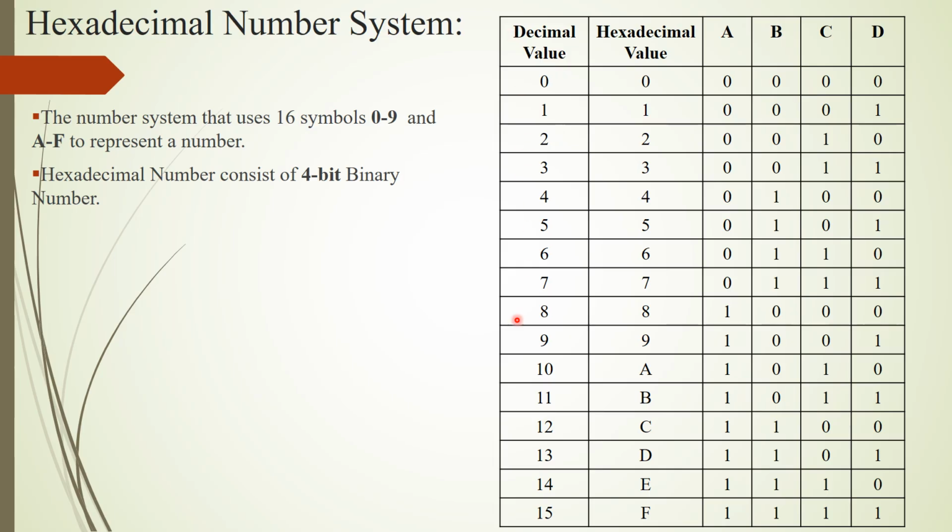And the last number, 15 in decimal, in hexadecimal is F and in binary representation 1111.